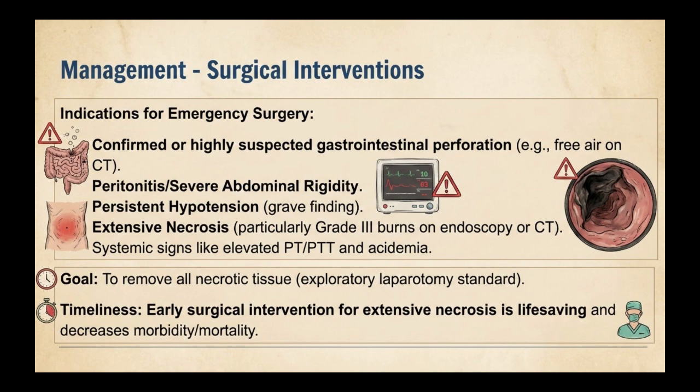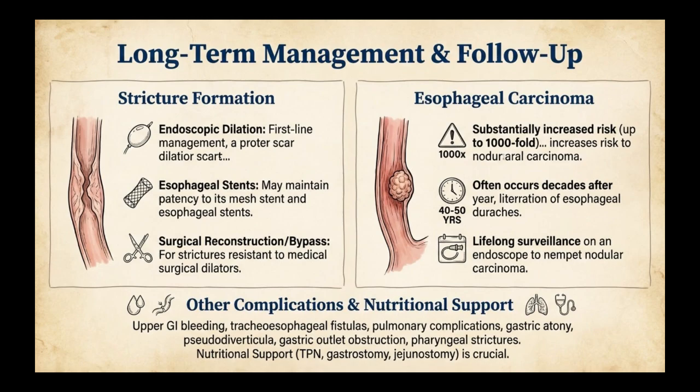Patients who survive the acute phase of severe caustic ingestion require ongoing care to manage delayed complications and monitor for long-term risks. The most common and disabling long-term complication is stricture formation, occurring weeks to months after ingestion. Treatment for strictures includes endoscopic dilation, which is the first-line management, typically starting 3 to 6 weeks post-injury.